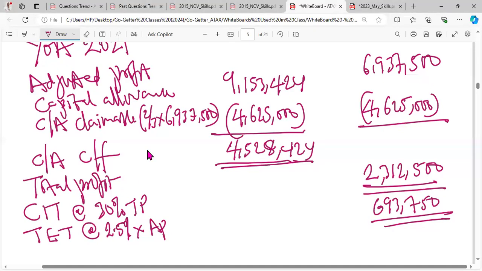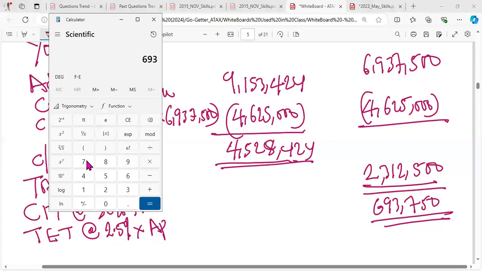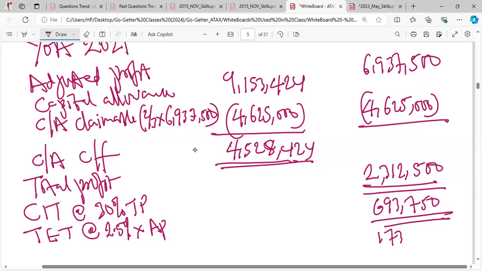So you bring your 6,937,500 times 2.5 divided by 100. That will give me 173,438. And that's for the first year.